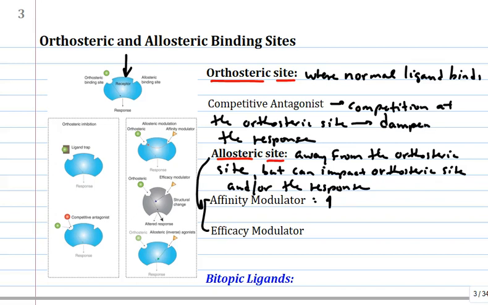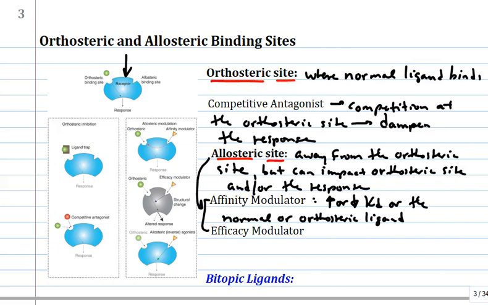So basically you can increase or decrease the binding constant of the normal, or sometimes we may call this orthosteric, ligand. And again, this is not that different than what we've talked about with enzymes. We had some examples of that. So that's one way we can modulate a receptor, is an allosteric site affinity modulator.